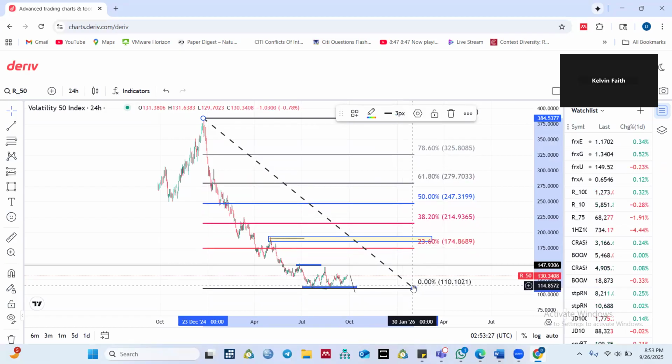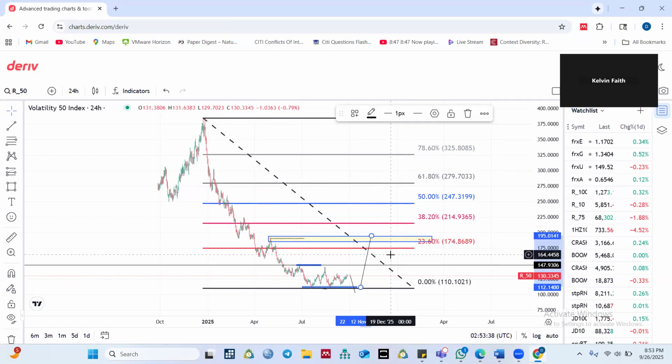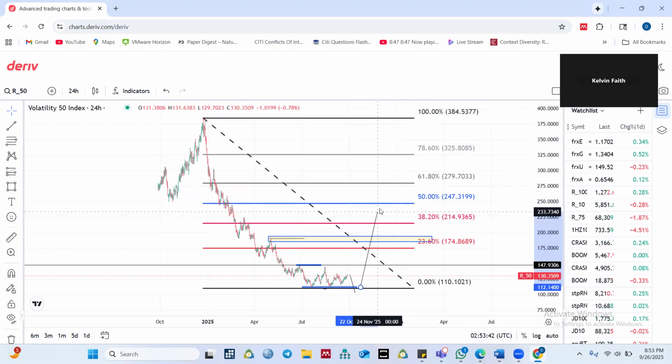Let's say price wants to pull back to 23%. Normally we would expect price to pull back into equilibrium first, and probably into premium, into this area.